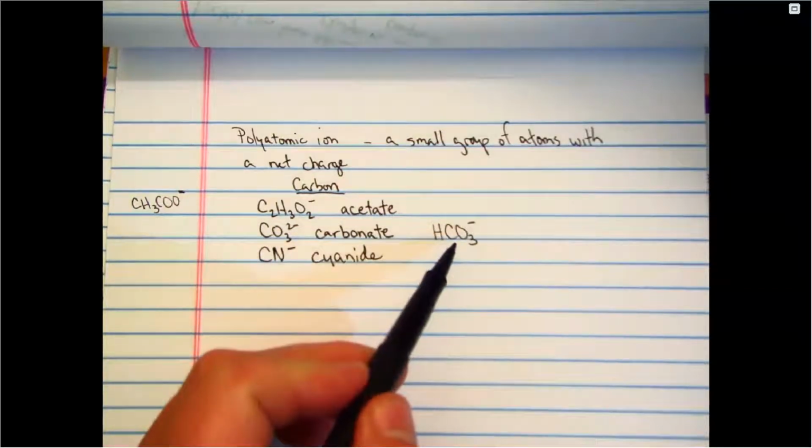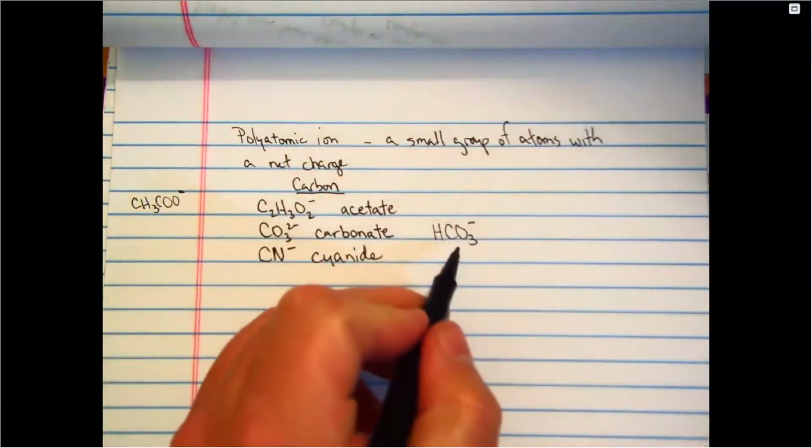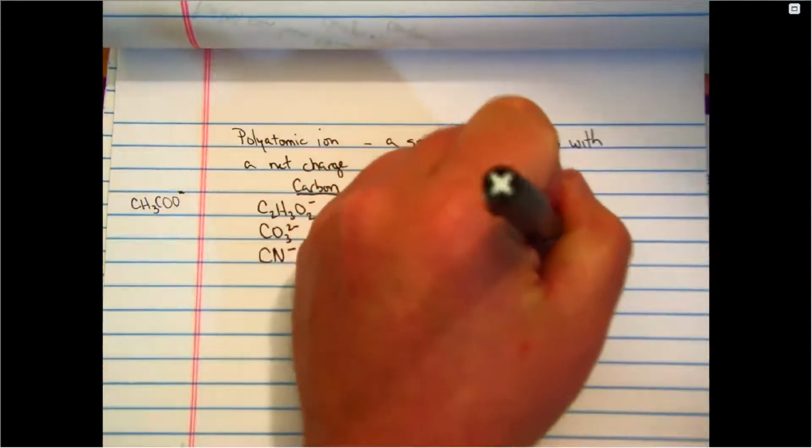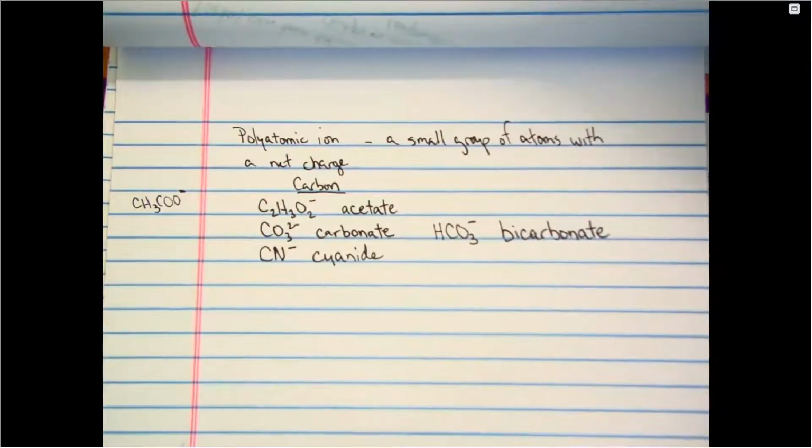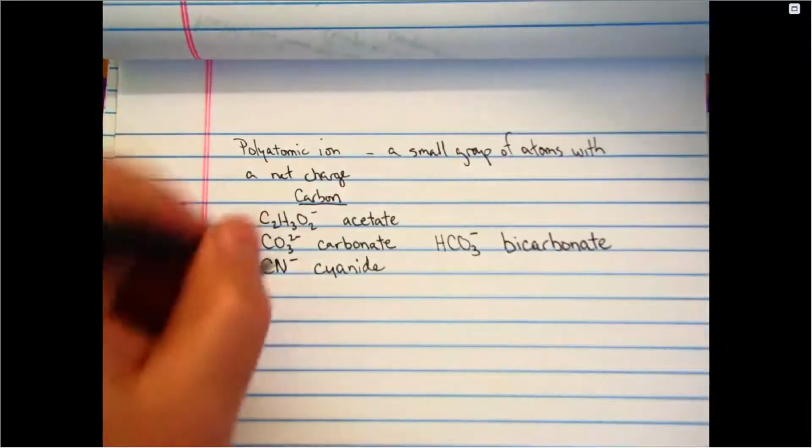So HCO3 minus is often referred to as the hydrogen carbonate ion, or even more commonly, the bicarbonate ion, like in sodium bicarbonate, which is baking soda. Those are our carbon-based polyatomic ions that I want you to remember.